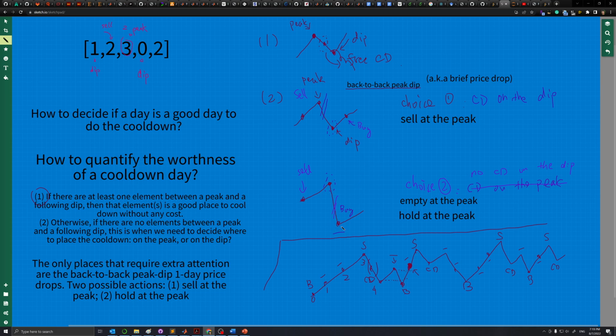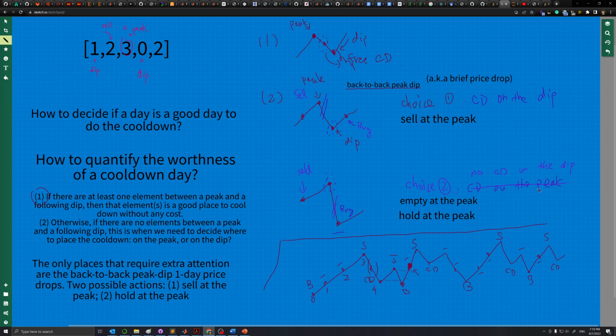So now if there's no CD on the dip, does that mean we're going to buy at the dip? Yeah, if there's no CD on the dip, we would definitely buy on the dip, right?